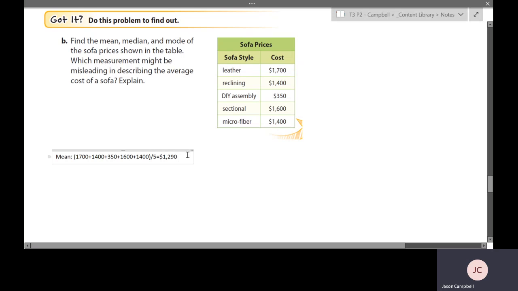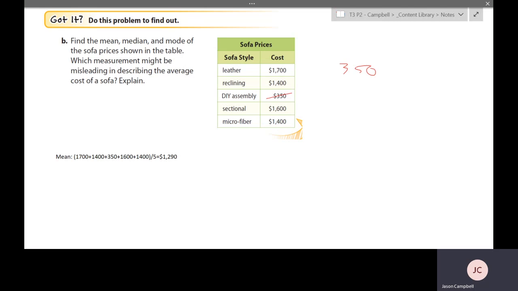Now, if we put these numbers in order from least to greatest, 350 is the least. The next number would be the 1,400. We have 2 of those. And then 1,600, and then 1,700.